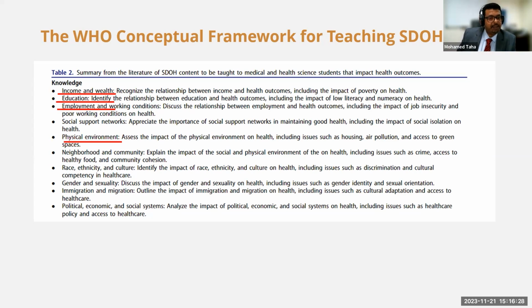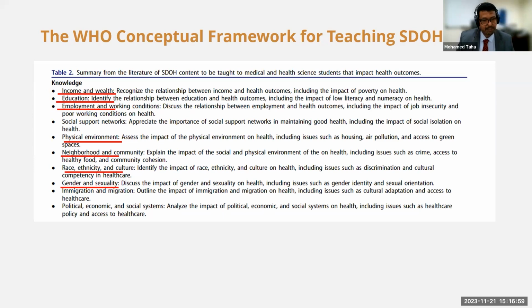And also the social support network and how it relates to health, the physical environment and the neighborhood and community, and how they impact the social and physical environment of health and other issues, such as crime, healthy foods, community cohesion, and so on. Very important issues are related to race, ethnicity, and culture, and their relation to health.